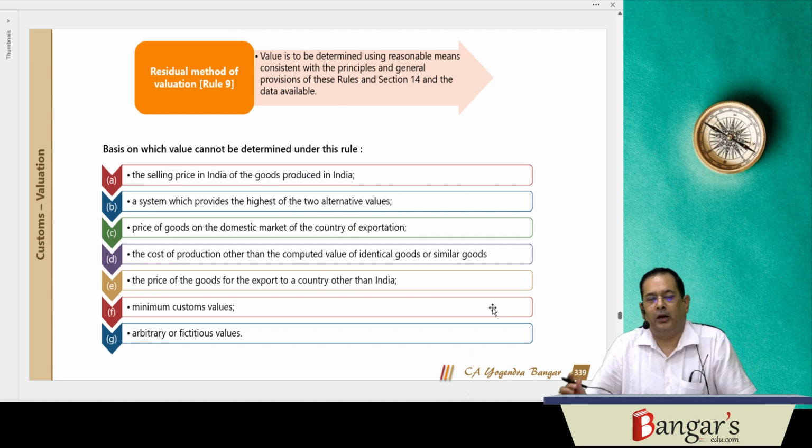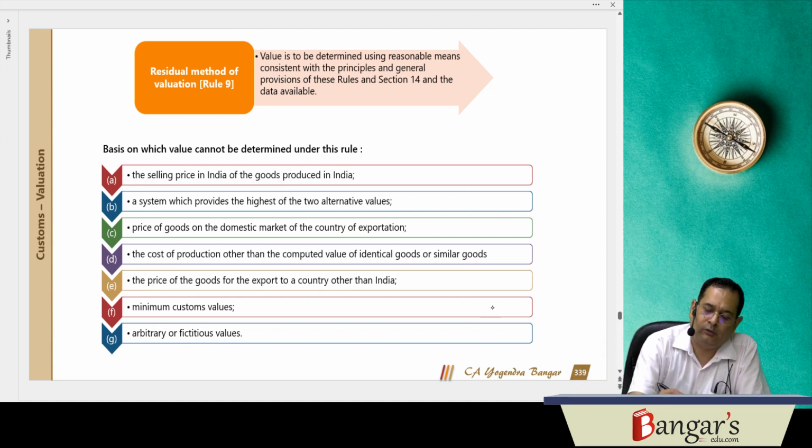Now the last one is the residual method, or we can say the best judgment method.